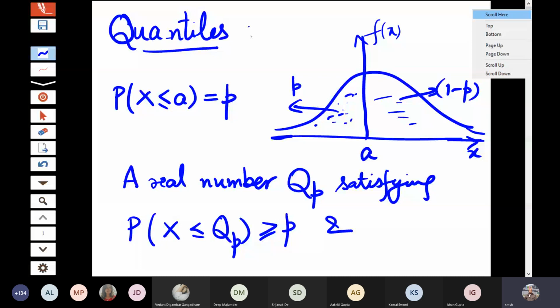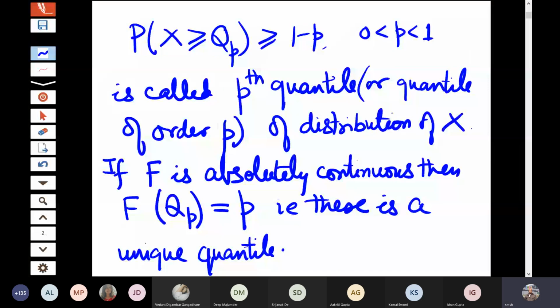Here I have written less than or equal to and greater than or equal to, but for a continuous distribution, the exact value will be attained. So you will have F of Q_P equal to P, that is, there is a unique quantile.